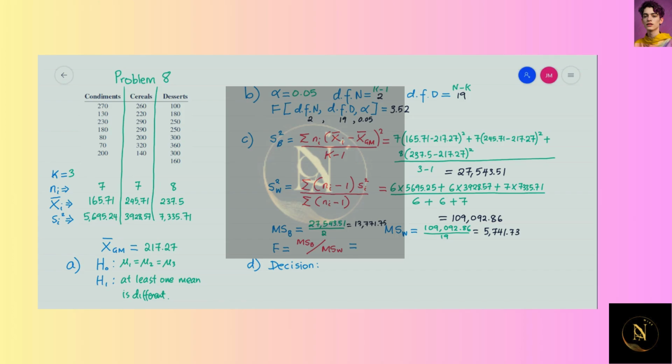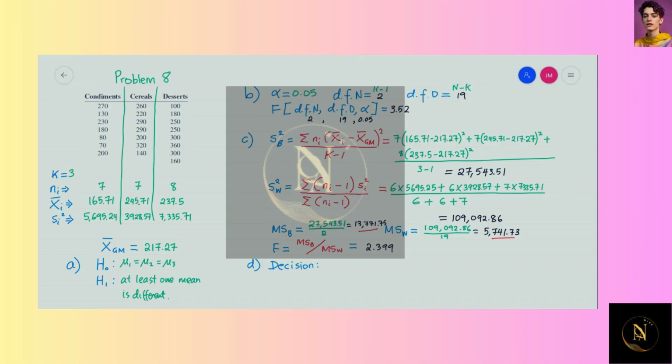Next, when you work out the value of F from these two values that we've gotten for MSB and MSW, you will find that F equals 2.399.